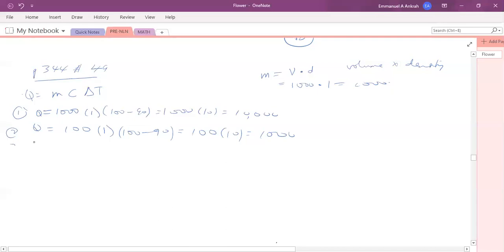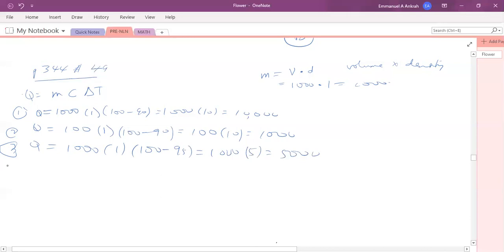The third one, quantity of heat will be 1,000 times 1 times the change in temperature, 100 minus 95, sorry. So that's 1,000 times 1 times 5. So this will be 5,000 calories.